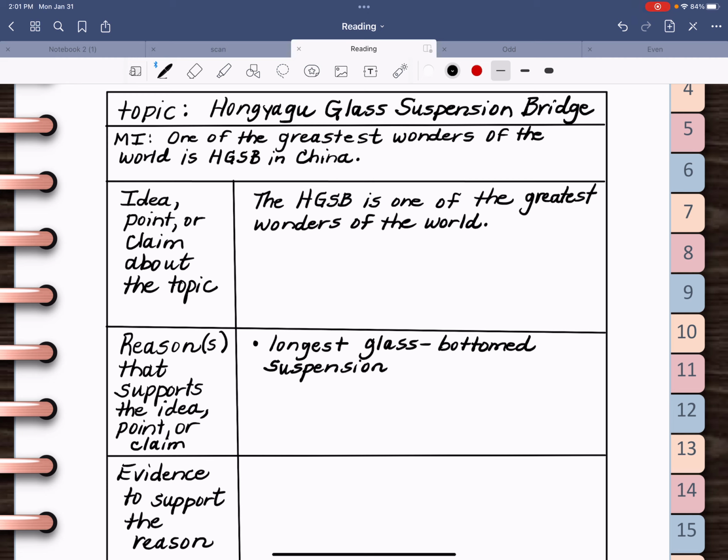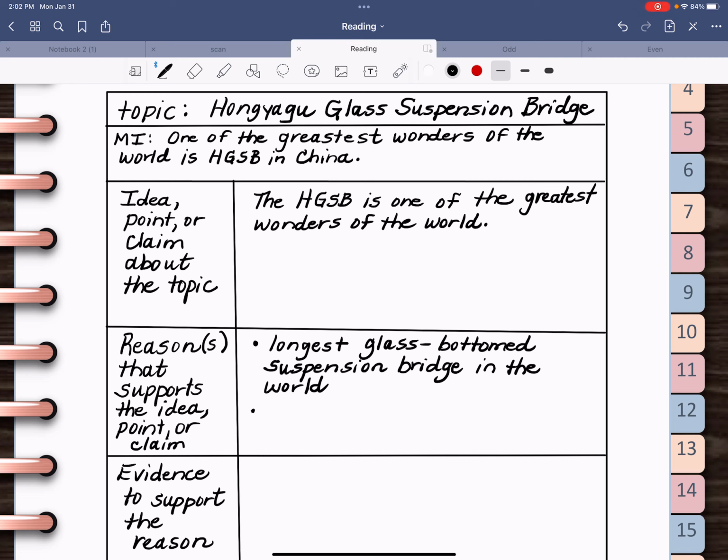So there's a third reason. It's the longest, it's made of glass, and it's a suspension bridge in the world. So there's a reason. Actually, 3 reasons rolled into one.